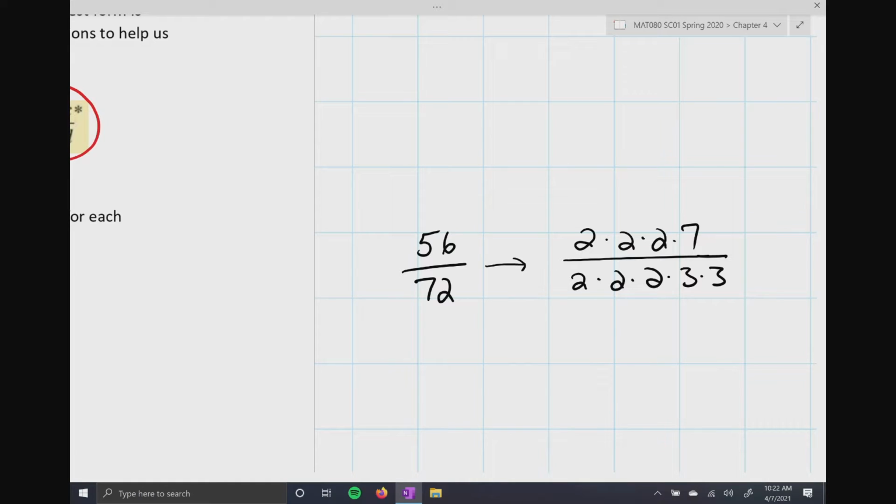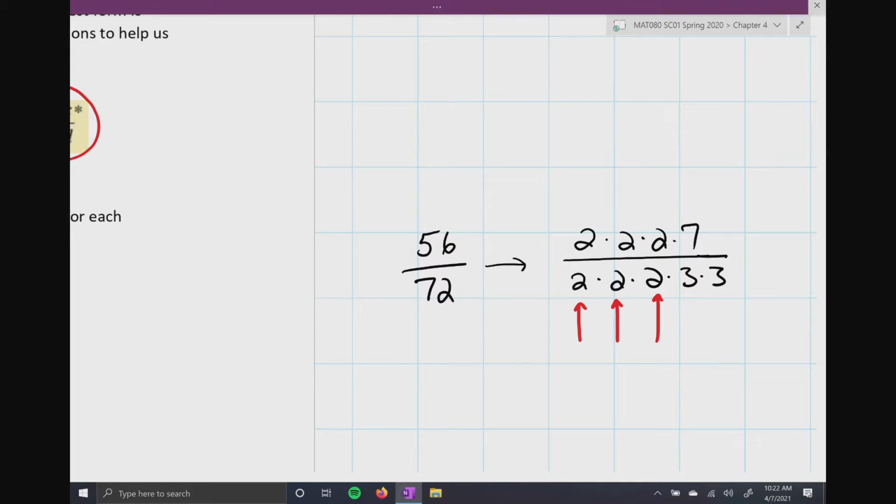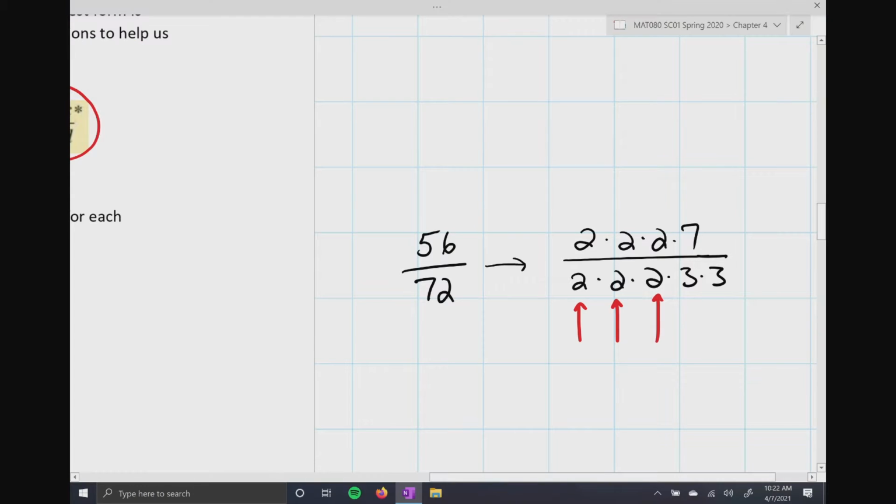Notice here, here, and here, you have a 2 in the numerator and a 2 in the denominator. Is that correct? Yes or no? Also, if I wanted to, I could break this up as such, using that second property.